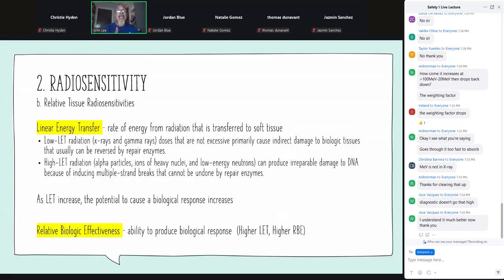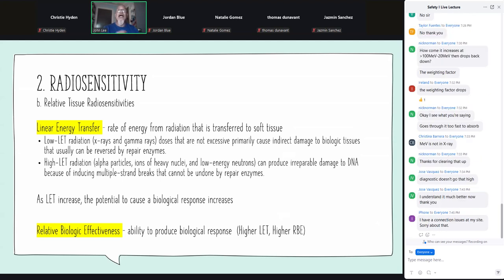Radiation that is high LET, this consists of alpha particles, ions of heavy nuclei, and low energy neutrons. These can produce irreparable damage to the DNA because of the fact that they are so large, they can cause multiple breaks in the DNA strand that the enzymes are not going to be capable of repairing.